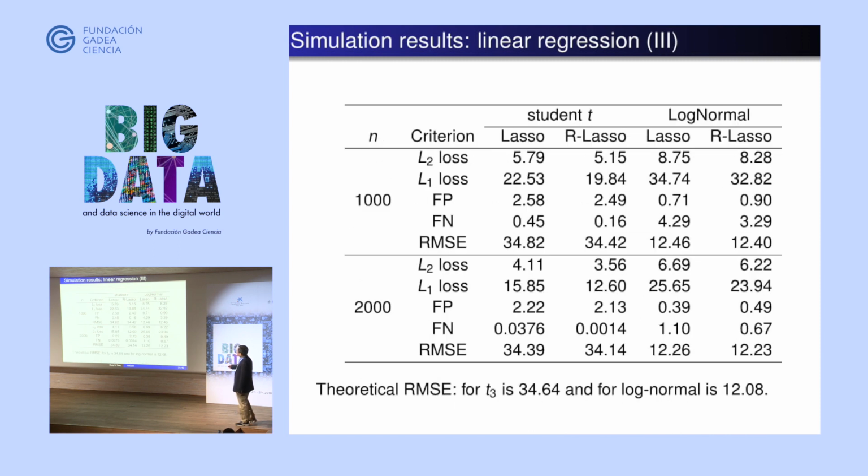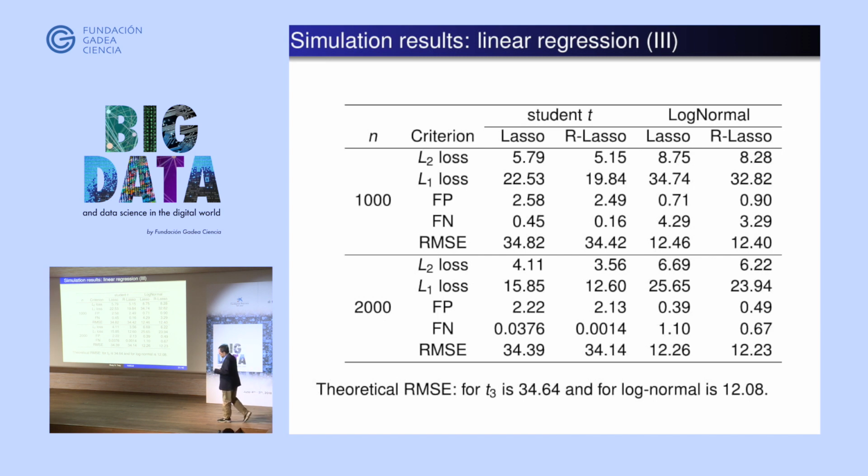So you can see that once you get to about 1,000 or 2,000 observations, and I mentioned this one theoretical value about 34.64, this actually, maybe due to rounding error, is smaller than the theoretical value. Those are close to the theoretical value.